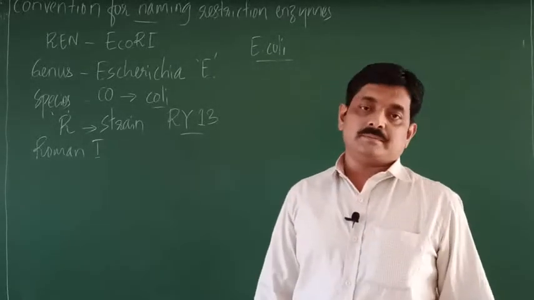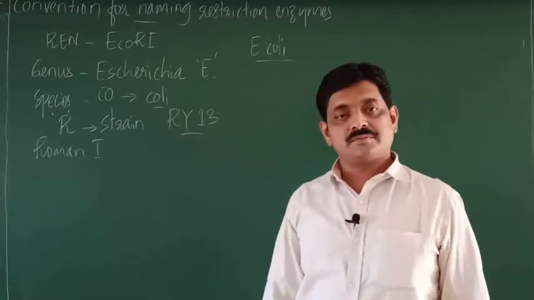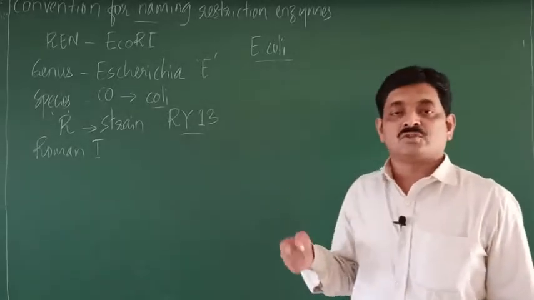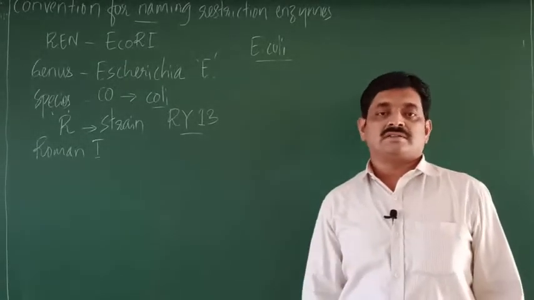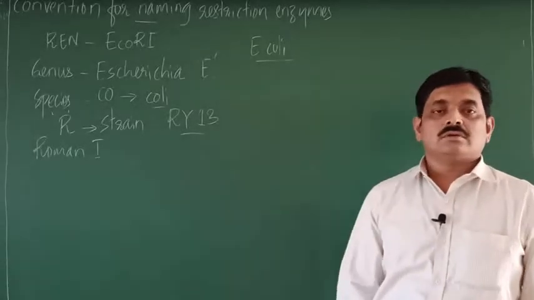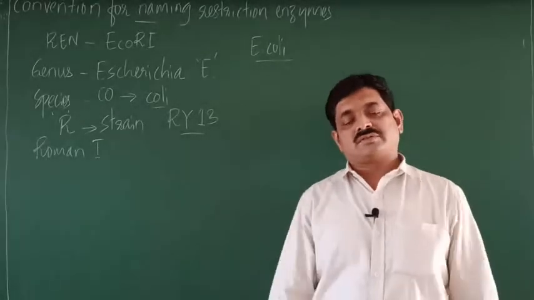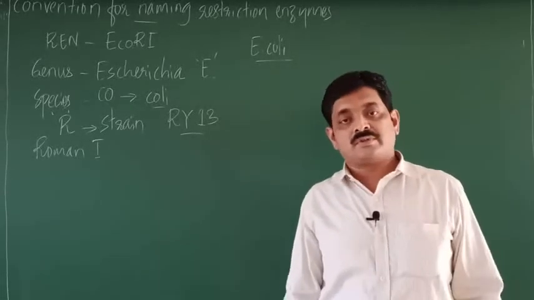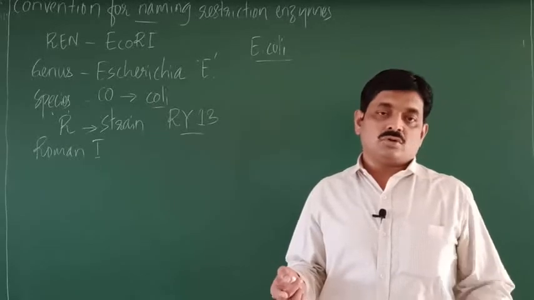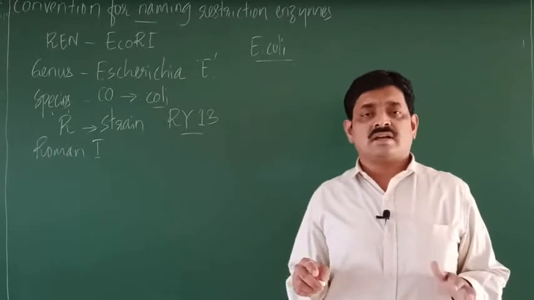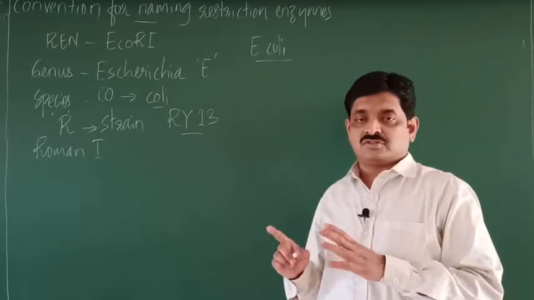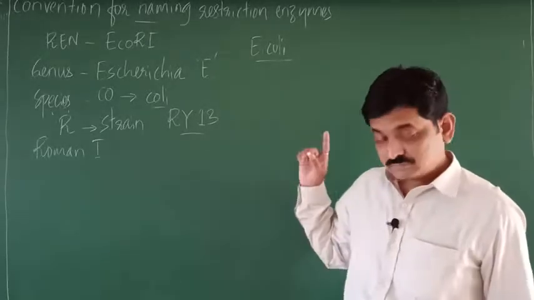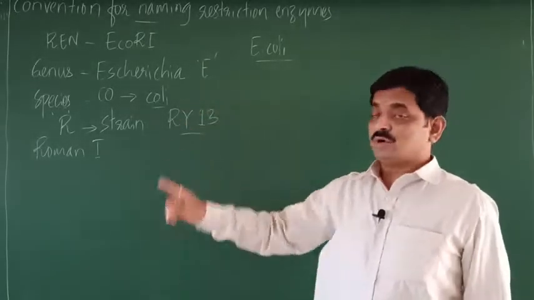Roman 1 is the sequence in which this enzyme was isolated from this bacterium. So 1 or Roman 1 is the sequence. So we can say this was the first enzyme isolated from this strain of bacteria. That's why this enzyme is called EcoRI.